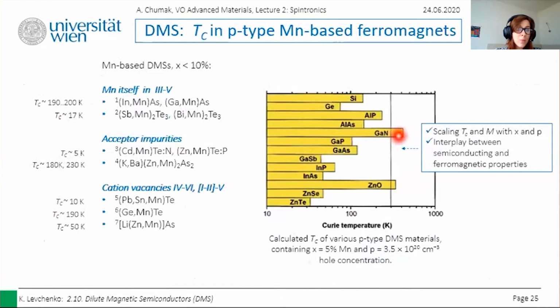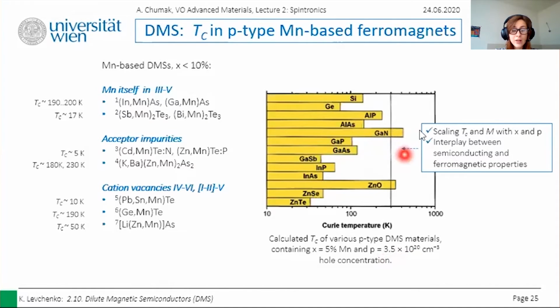A general comparison of the different Curie temperatures in manganese-based ferromagnets is given here. These are the theoretically calculated Curie temperatures for a fixed amount of manganese of 5%, and these are p-type materials with a hole concentration of 3.5 times 10 to the 20.